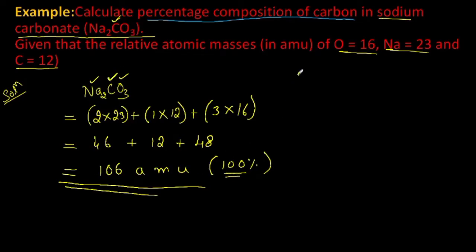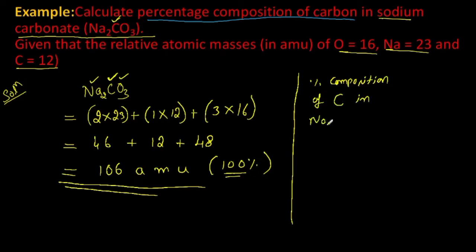So let me do here itself. Now I will divide the screen here. We know the formula: percentage composition of carbon in sodium carbonate Na2CO3 is equal to, just recall the formula, that is total weight of the carbon.